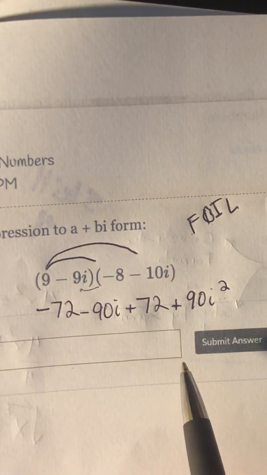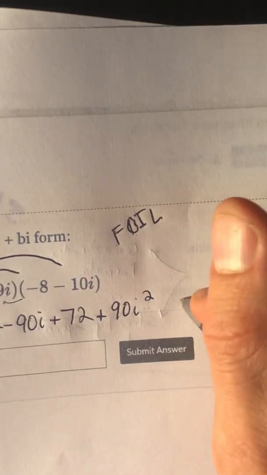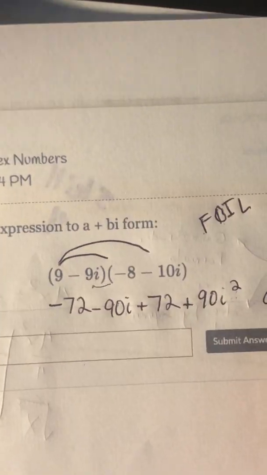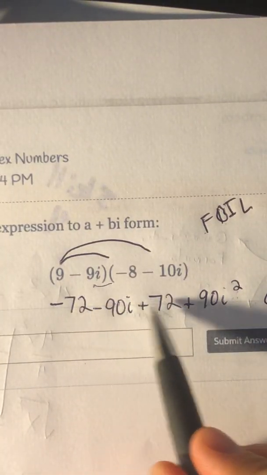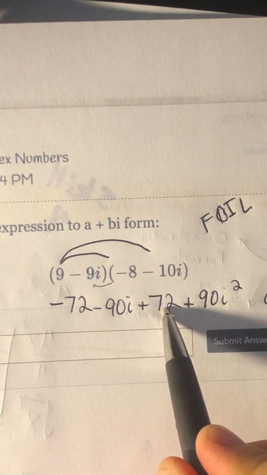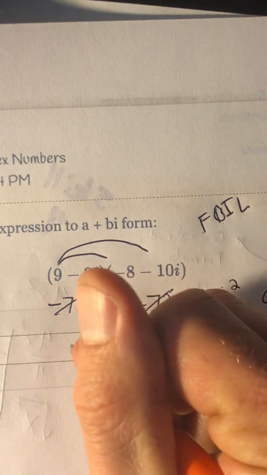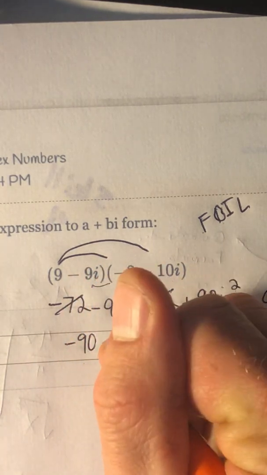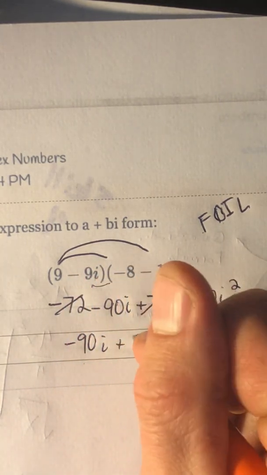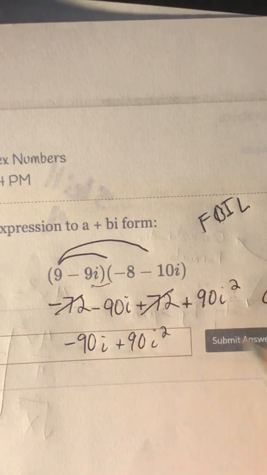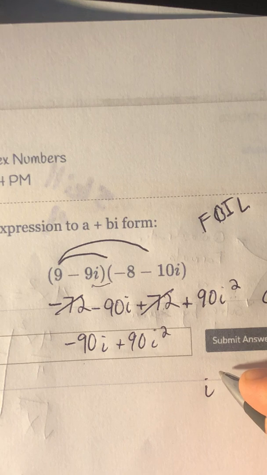Okay, so now we're going to combine like terms. Negative 72, positive 72, those go to 0, so that cancels out. I'm left with negative 90i plus 90i squared. And I'm going to go back to my knowledge that i squared is equal to negative 1.